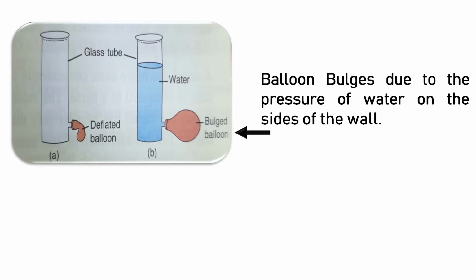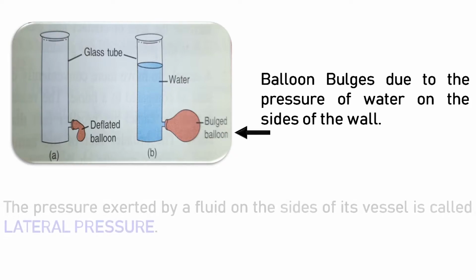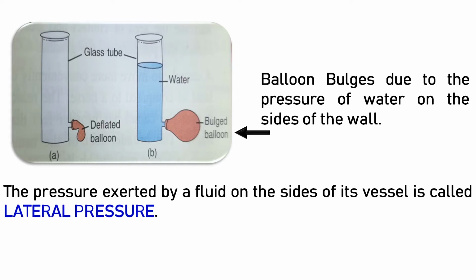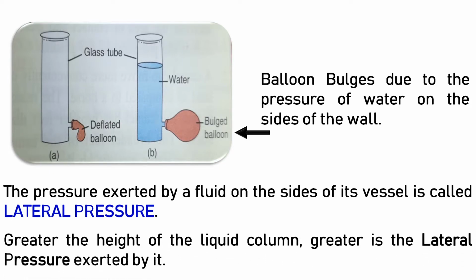You will notice that the balloon bulges due to the pressure of water on the sides of the wall. The pressure exerted by liquid on the sides of the wall of its vessel is called lateral pressure. Greater the height of the liquid column, greater will be the lateral pressure exerted by it.